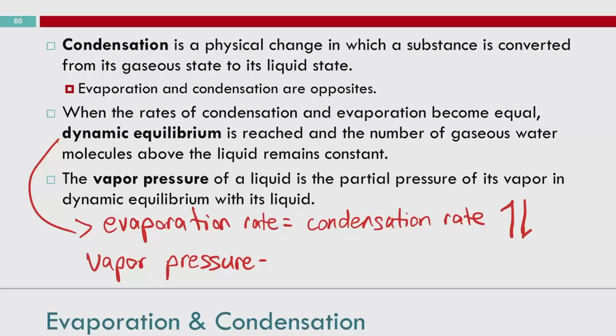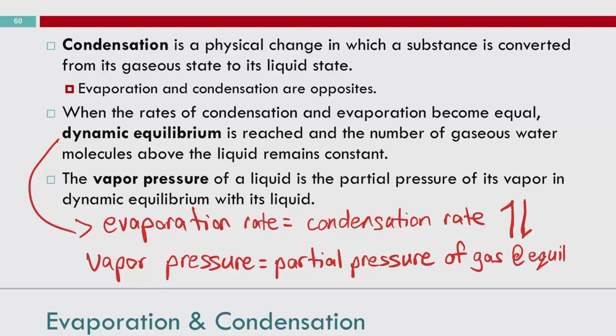So vapor pressure is the partial pressure of gas at equilibrium. So once you've given it enough time that those evaporation and condensation rates equal out, that's when we can measure the partial pressure.